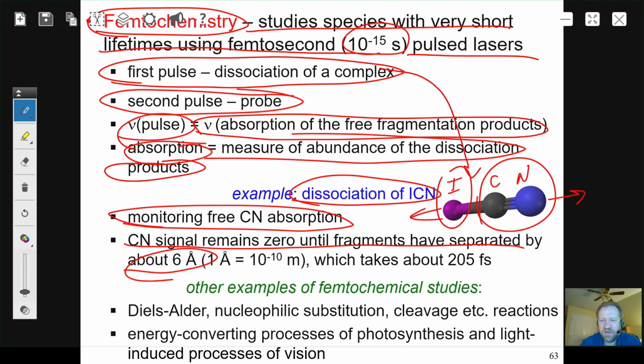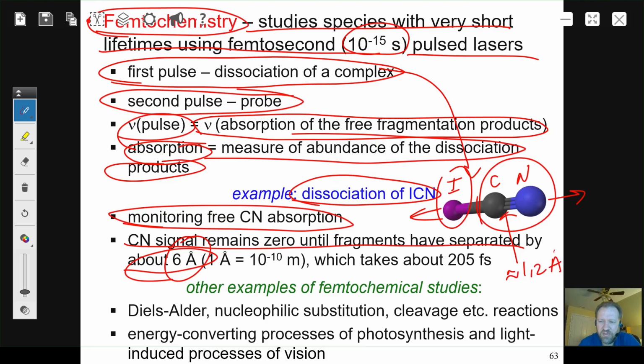Just to give you an idea, the length of a triple carbon-nitrogen bond is maybe on the order of 1.2 angstroms or so. So again, we're talking about a significantly smaller distance than 6 angstroms.